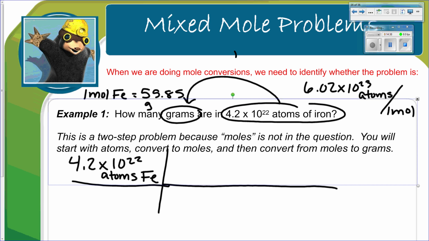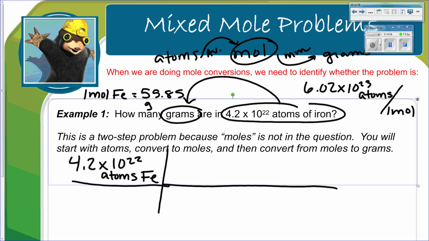Remember, moles is our middleman. So we're going to go to moles first, and then from moles to grams. This step is going to use Avogadro's number, and this step is going to use my molar mass.